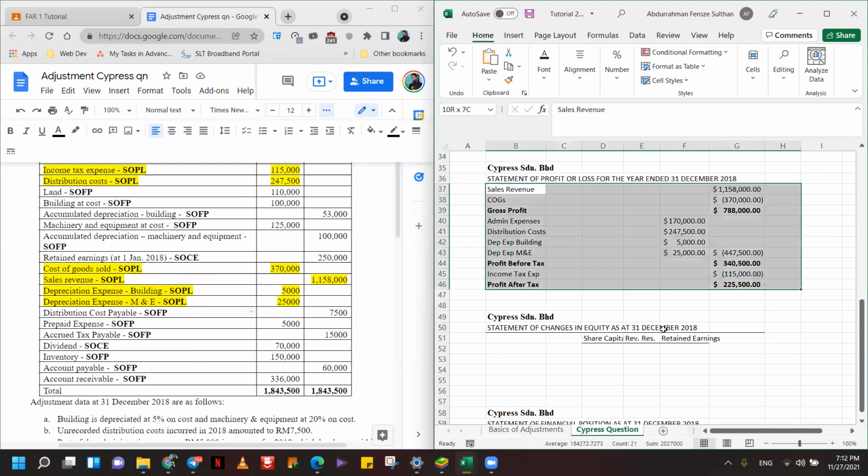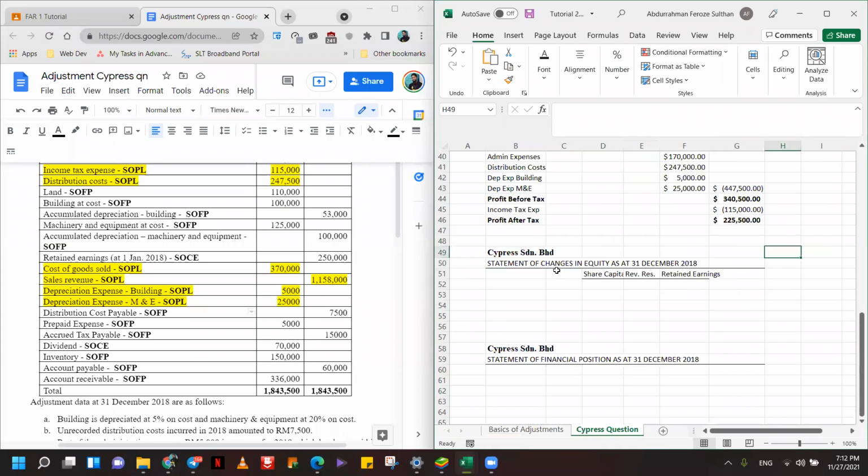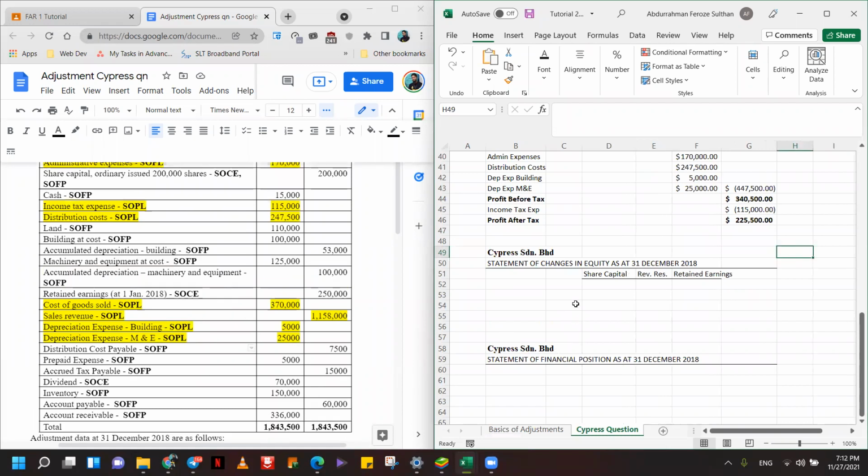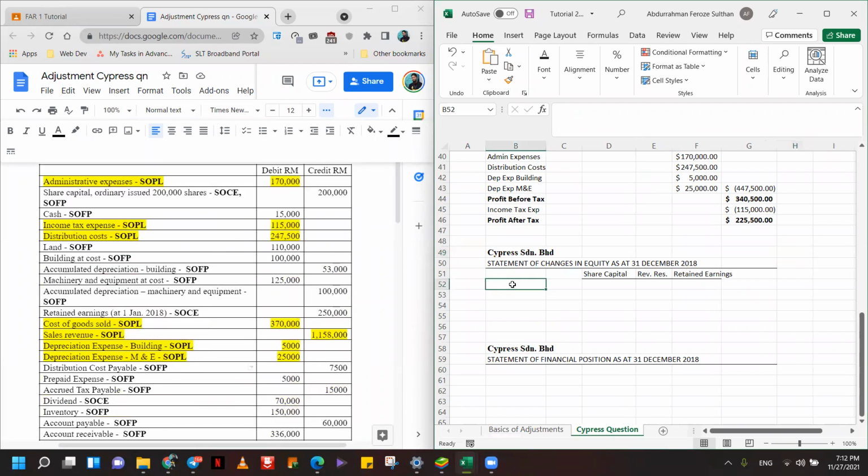Okay. Now we move to the statement of changes in equity, which is very simple, very quick actually. So what do we start off with from the trial balance? Let's make it more interactive. What do we start off with here?